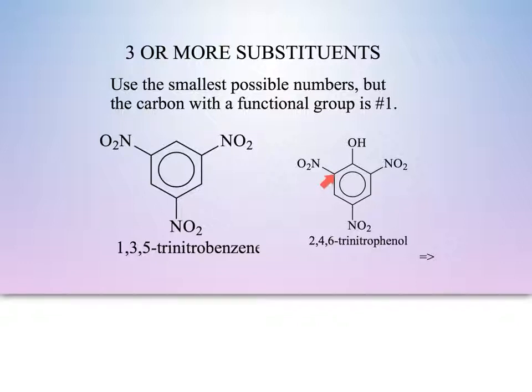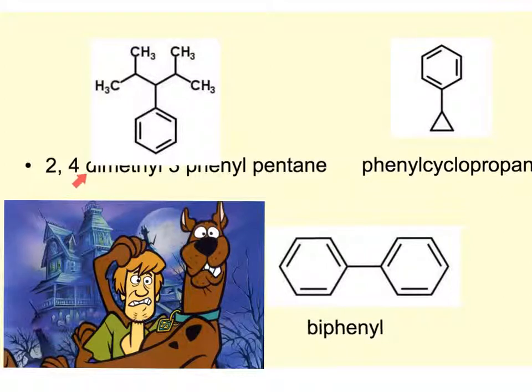Notice that they're identical, so that will be a tri, and they're NO2, so that's a nitro. So the name of this chemical compound would be 2,4,6-trinitrophenol. On this right here, you'll notice that we have 3 that are identical, and so we would have a 1,3,5-trinitrobenzene.